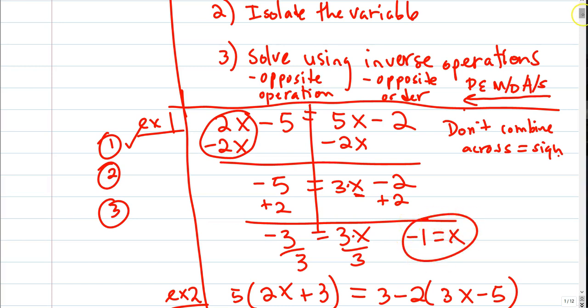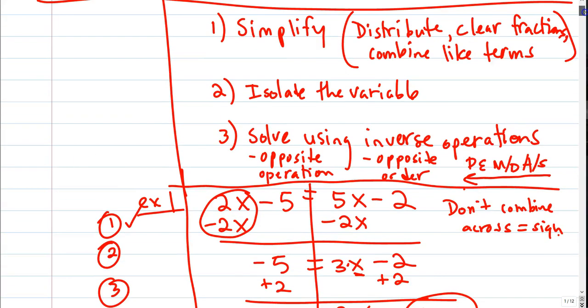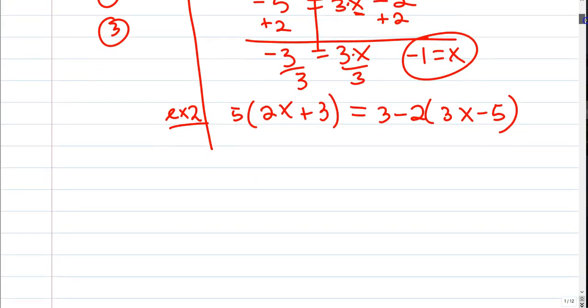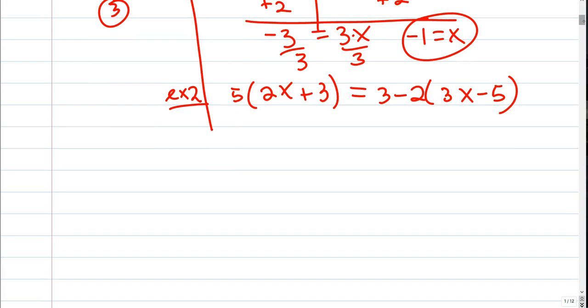Onward. This next one is not ready to be solved. It has issues, right? I need to clean this up. I need to simplify. That includes any distributing. What distributes over here? Do not subtract those. We have to deal with the multiplication first before we subtract.